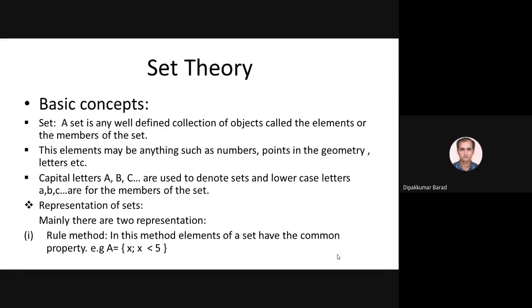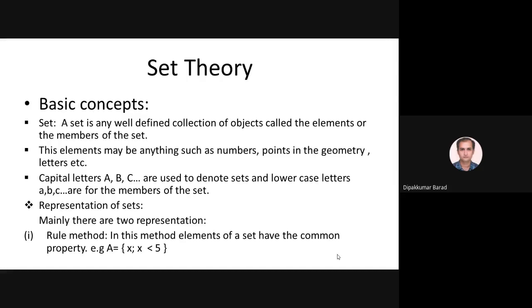We call it a set. And these elements may be anything such as numbers, points in geometry, letters, etc. Generally we use a capital letter A, B, C for a set, and a lowercase letter such as b is used for a member of a set.